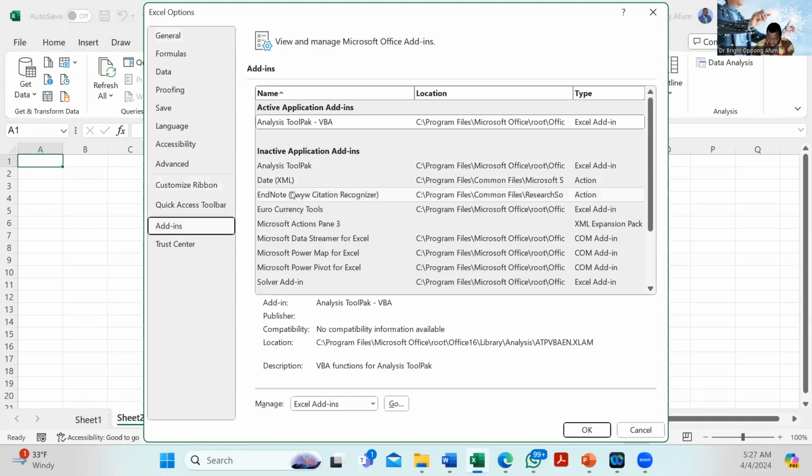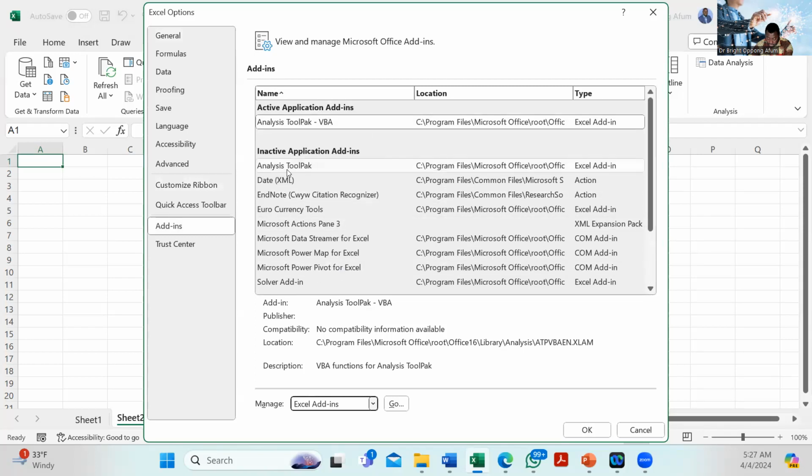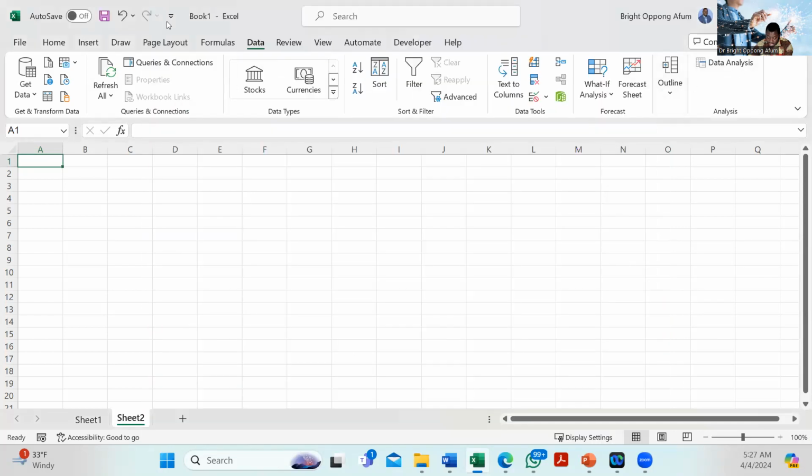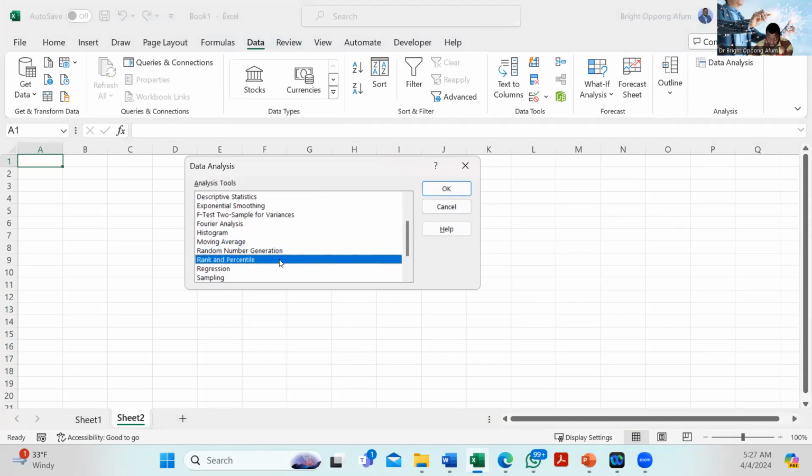So you can then go to any inactive application here and add them. If you don't see them here, you can add the Excel add-in here. All right, so I already have it here. So I open that and I see random number generation.